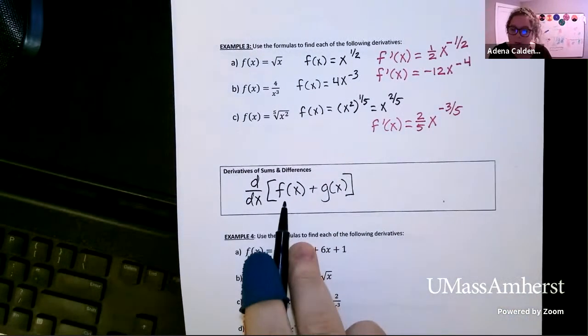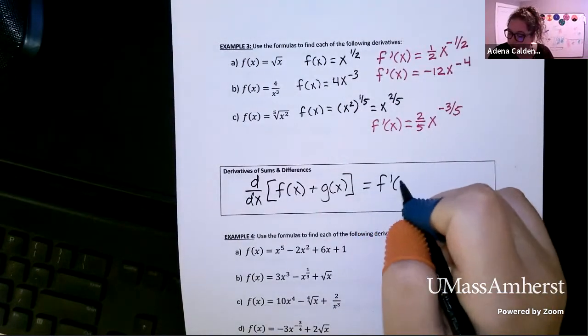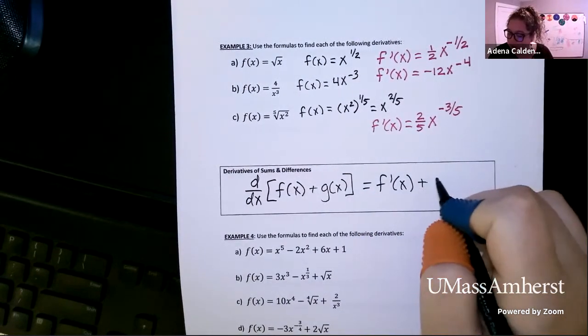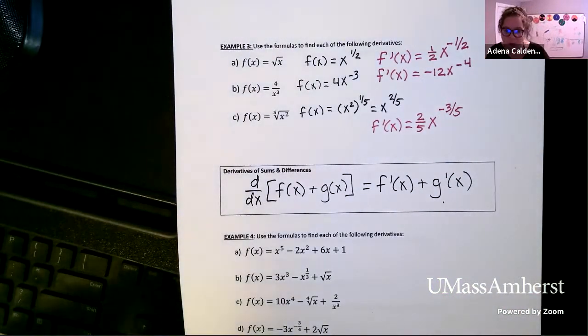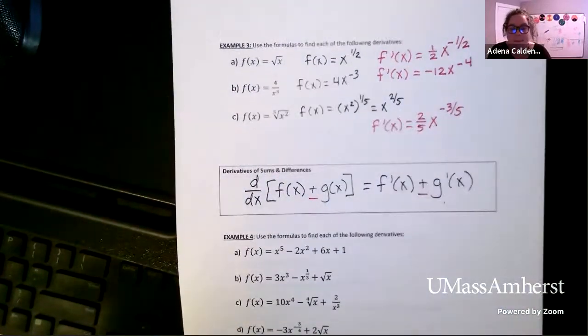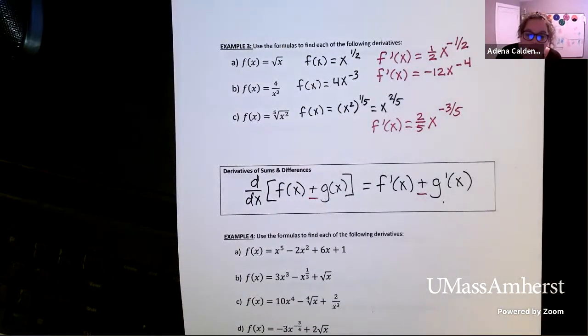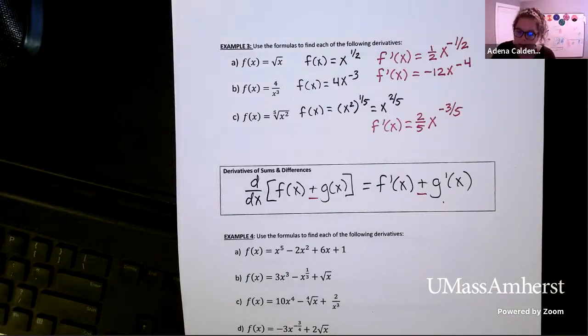Okay, so if you have one function plus another one and you want to take the derivative, you can take the derivative of the first function plus the derivative of the second function. And this is also true for subtraction, right? So what that means is if you have a function that is separated by addition and subtraction, you can take the derivative of each piece independently and just put them together.